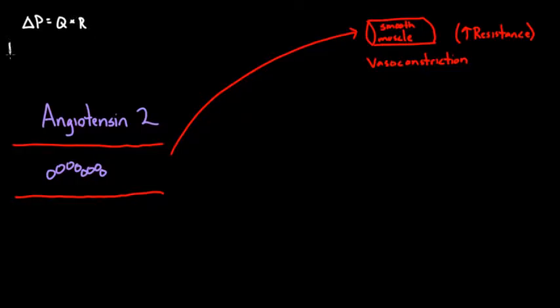If we talk about P on the arterial side minus P on the venous side, that would be the change in pressure, delta P. And that equals Q, and this Q is actually going to be a couple things. It's going to be stroke volume times heart rate. And so that's the flow, and all of that times resistance.